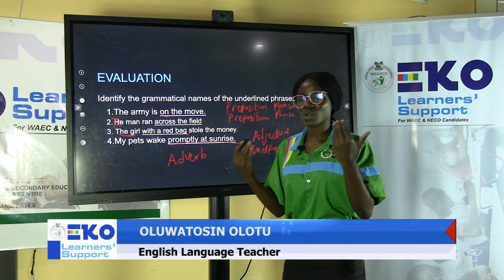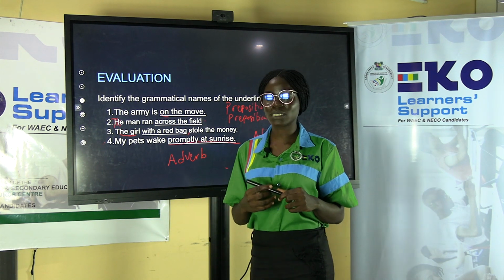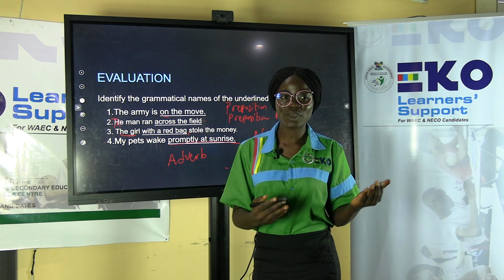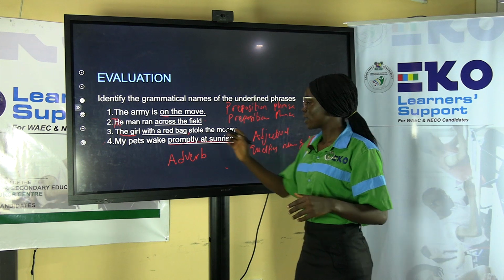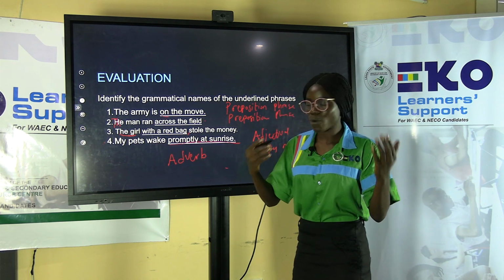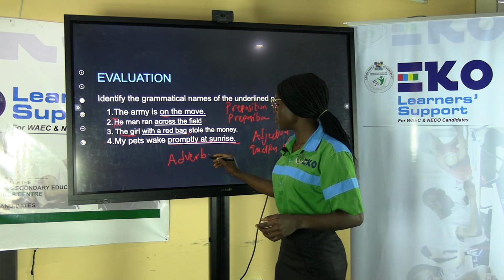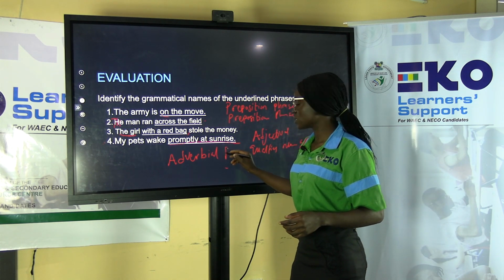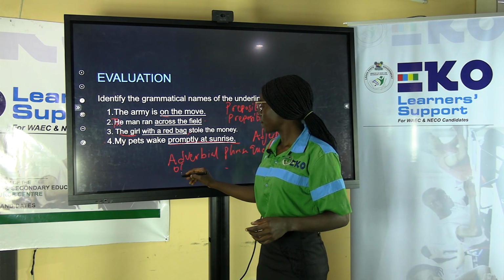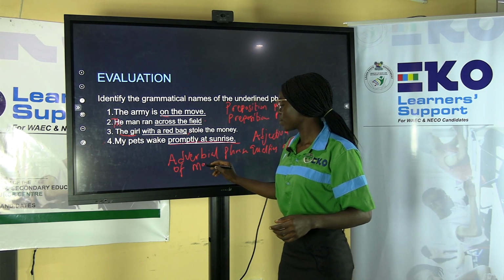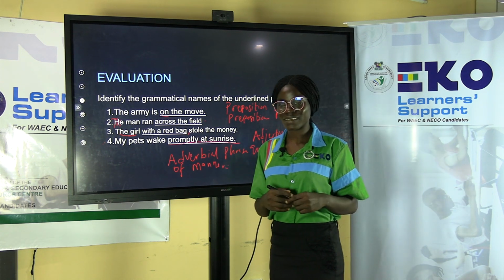And when you ask the question how, if you answer that question, you get what is known as an adverbial phrase of manner. My pet wakes how? Promptly at sunrise. So that is an adverbial phrase of manner, because promptly is manner. I hope that is clear.